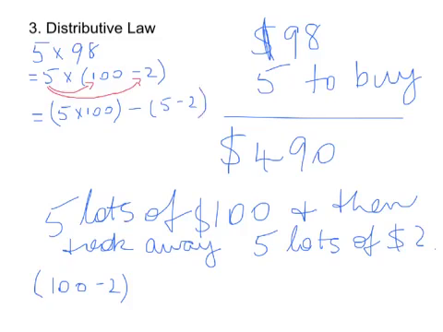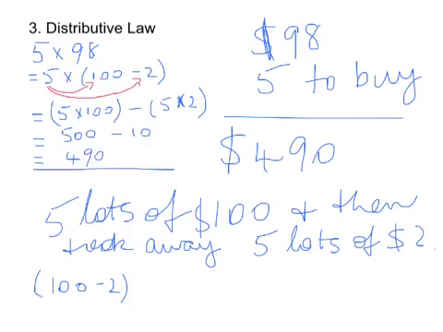I've distributed the 5. So now that just becomes 500 minus 10. Oops, I made a mistake there. 5 lots of 2 is 10. So that becomes 490.